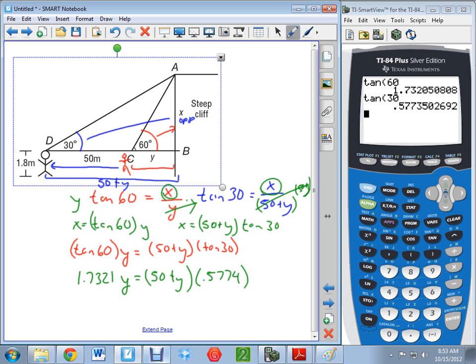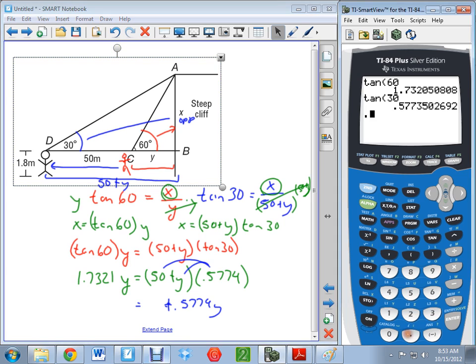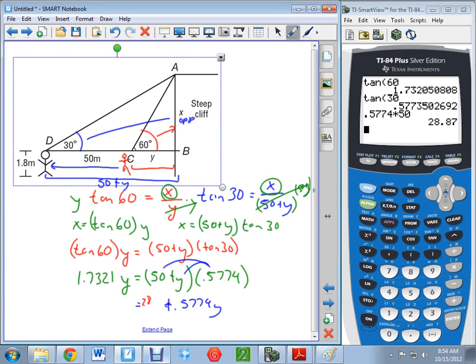We want to use the distributive property and multiply the 0.5774 times y and by the 50. So I'll have 0.5774y plus, and we have to figure out what 0.5774 times 50 is, which is going to be 28.87. That is equal to, and we still have this 1.7321y over on this side.